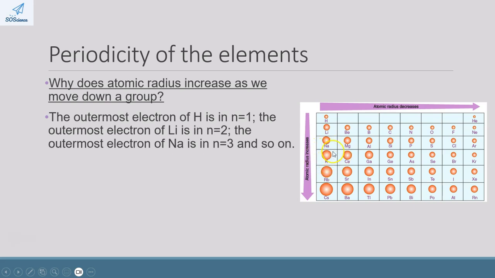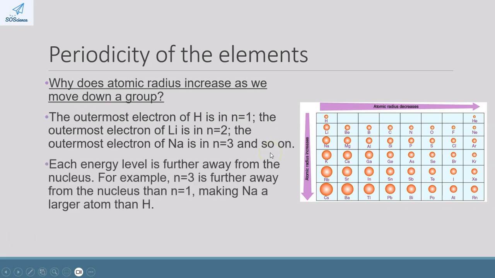The outermost electron of potassium is in n equals 4, and so on. Each energy level is further away from the nucleus. So n equals 3, which is where sodium's outermost electrons live, is much further away from the nucleus than n equals 1, which is where hydrogen's outermost electron lives. And so that makes sodium a bigger atom than a hydrogen atom.